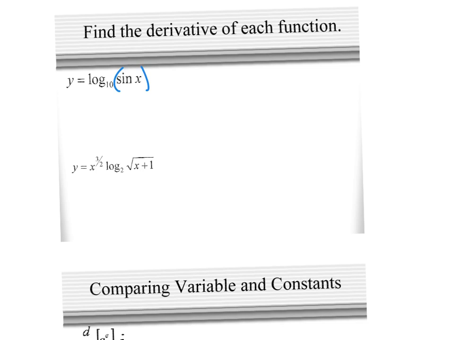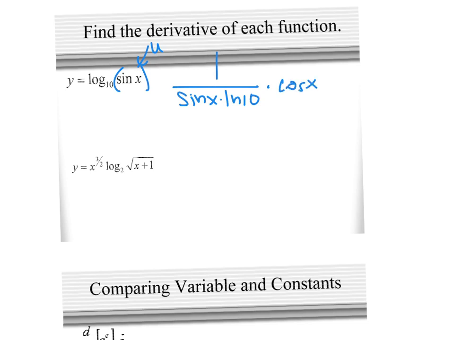So your derivative of a log is 1 over the value, so that's the sine of x, times, still underneath parentheses, the ln of the base, times the derivative of, we'll pretend like this is our u, right? So u prime, so that's going to be cosine of x.